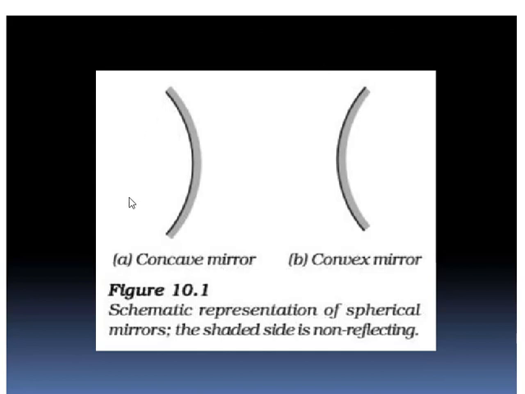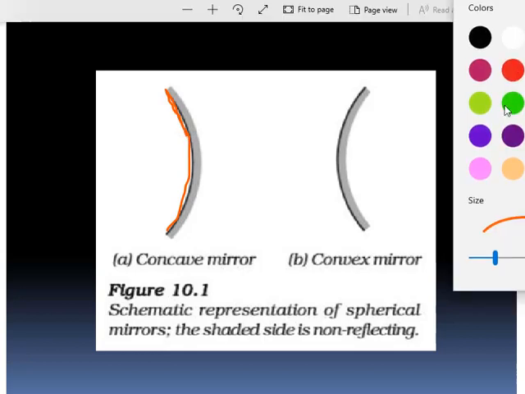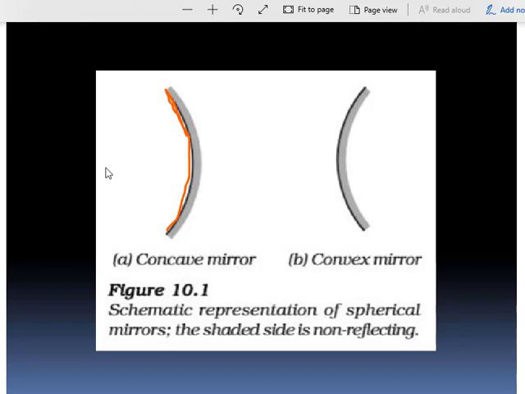Here are the actual pictures of a concave mirror and a convex mirror. In the case of the concave mirror, see, this is the reflecting surface. This outline I am drawing here is the reflecting surface of the mirror. When a light ray falls here, it gets reflected back.